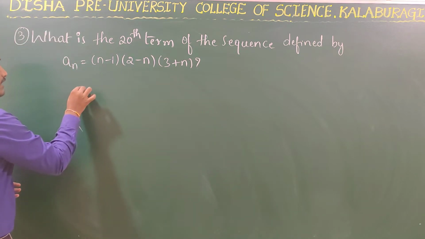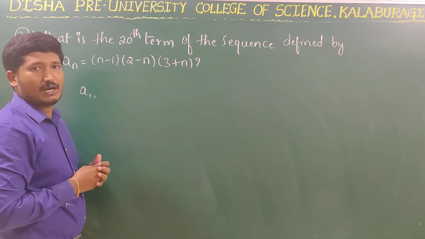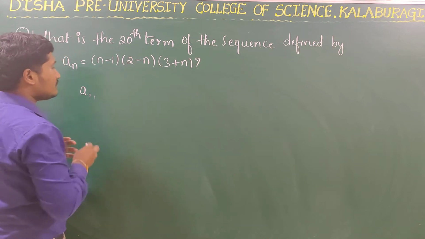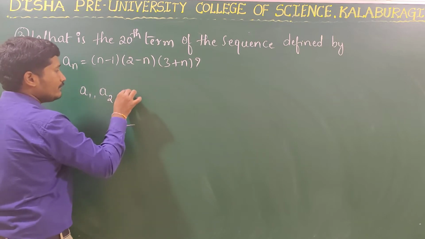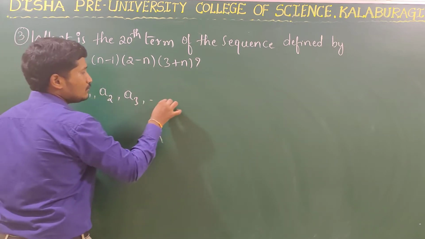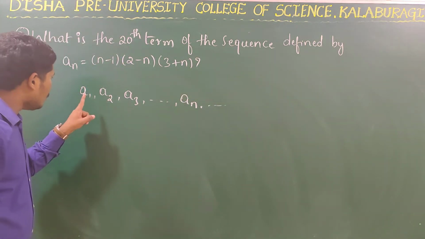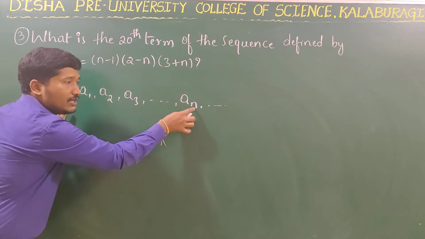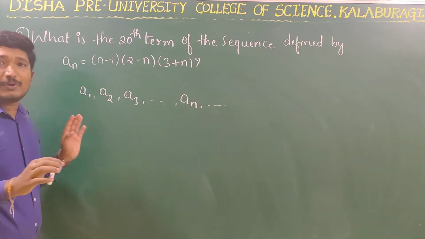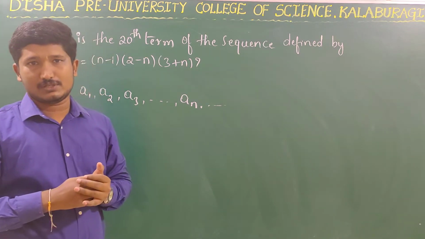While explaining the definition, I told you that the terms of the sequence are written as A1, A2, A3, and so on, An and so on. The subscripts which I have written represent the position of each term of the sequence.